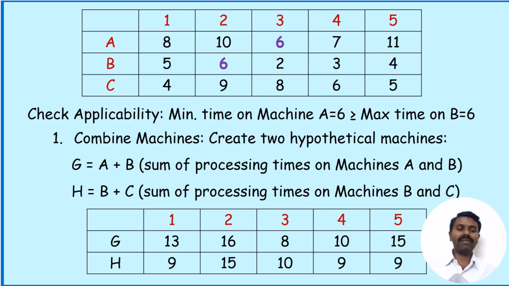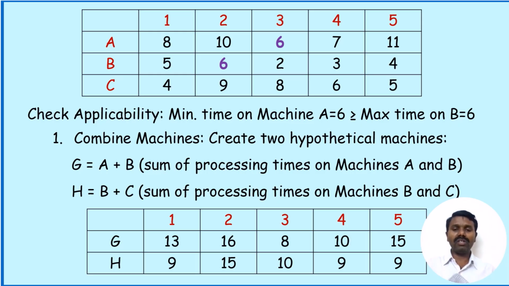In the same manner for H, B plus C: 9, then 6 plus 9, 15, 2 plus 8, 10, 3 plus 6, 9, and 4 plus 5, 9. So now these three missions have been converted into 5 orders with 2 missions, and we can apply the n jobs with 2 missions rule to find the job sequence.